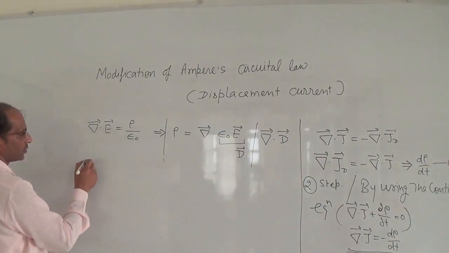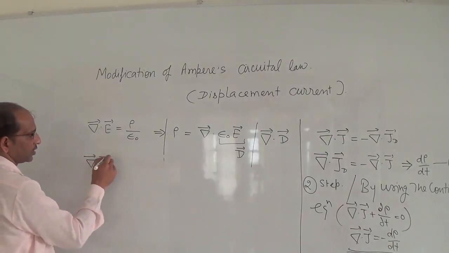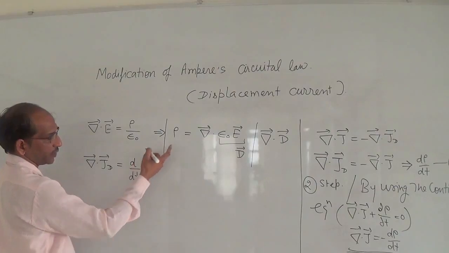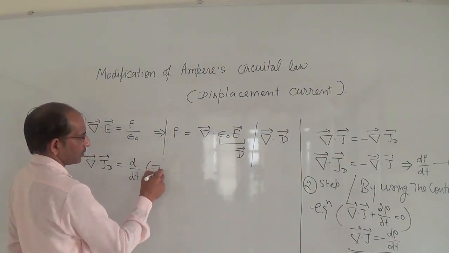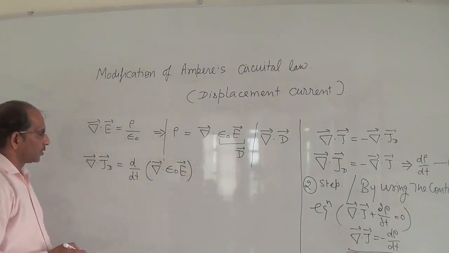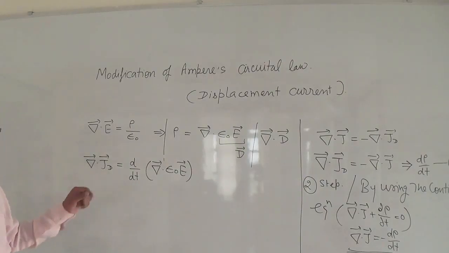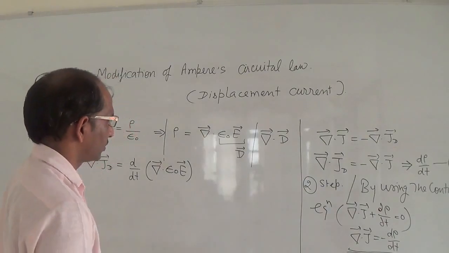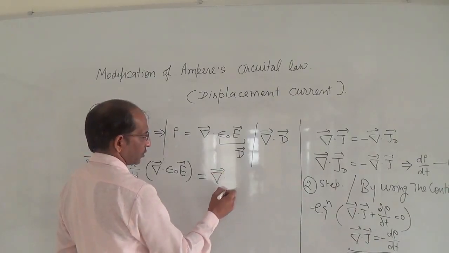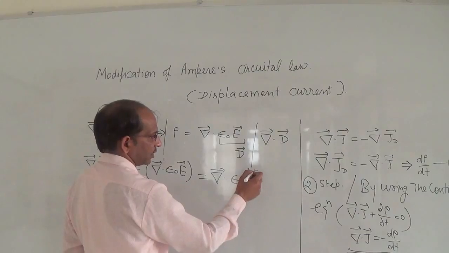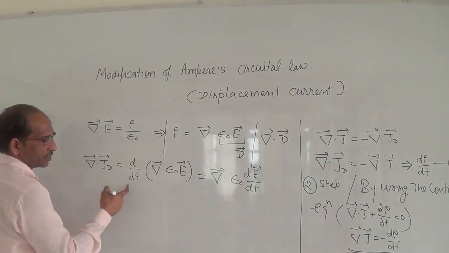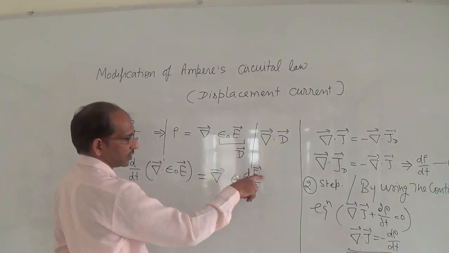So it becomes del dot JD is equal to d upon dt of the value of rho, that is del dot epsilon naught E. Now further rearranging the terms, it can be written as del dot JD is equal to del dot epsilon naught dE upon dt.